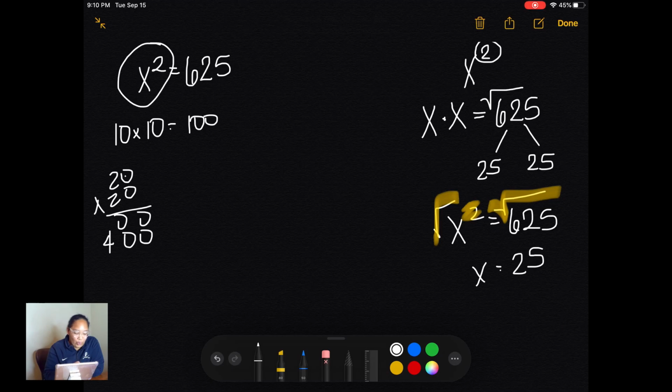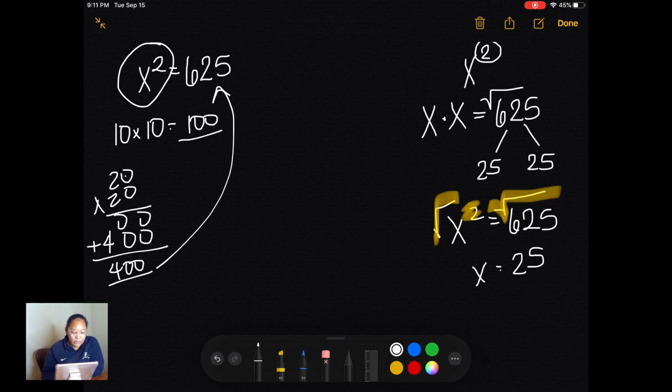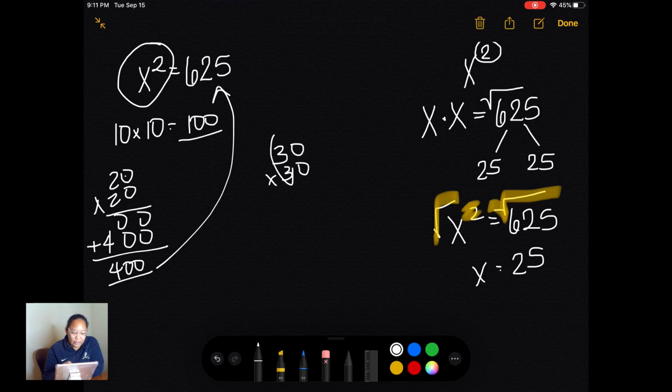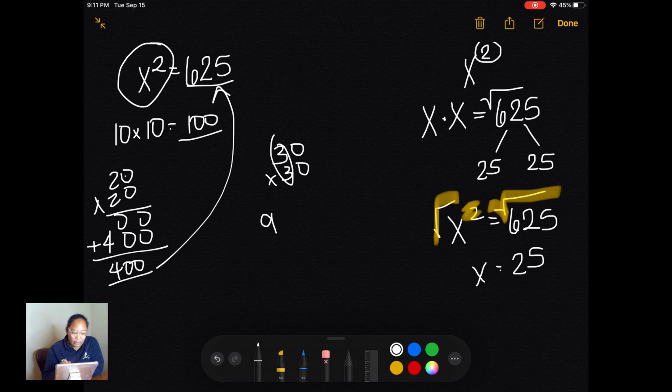So that's 400. I know I need to keep going because I'm not quite at 625 yet. But if I go to 30 times 30, I know it's going to be 9 something, which is way too big. So I'm not going to go that far.